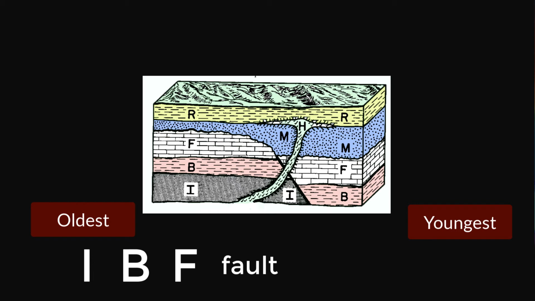So layers I, B, F were deposited, then the fault occurred, and then layer M was deposited on top of that eroded surface of F. After M, we have layer R being deposited on top of it, and then finally H was intruded. We know that H was the very last event because it cross-cuts every unit in the example.